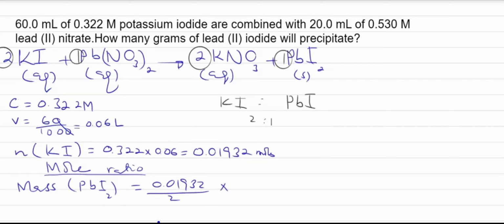The molar mass of lead 2 iodide is 461. You get it from the periodic table, and after you multiply all those, that gives us 4.45 grams of lead 2 iodide. So therefore 4.45 grams of lead 2 iodide has precipitated in that reaction.